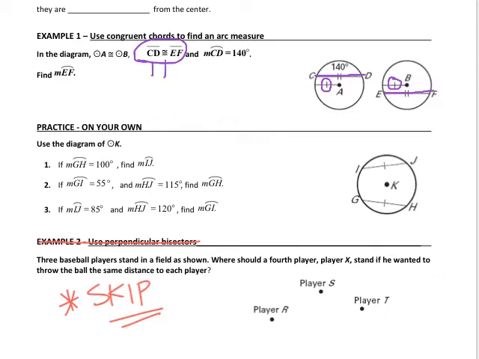If the chords are congruent, then we need to know something about the arcs, because they're asking us to find the measure of arc EF. The measure of arc EF is going to be between E and F, on the edge of the circle. If arc CD is 140, and the chords are congruent, then this arc over here is also 140 degrees. So the measure of arc EF is going to be the same as the measure of arc CD because the chords were congruent.